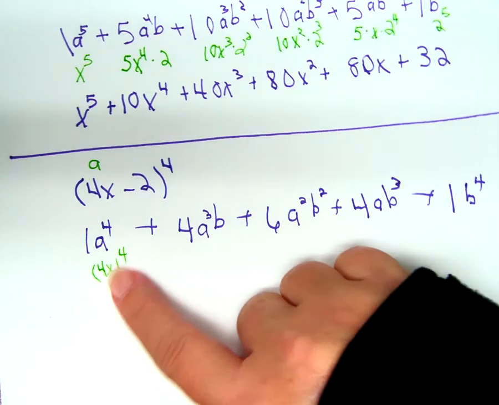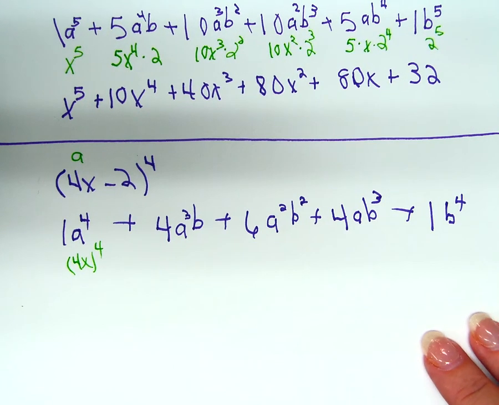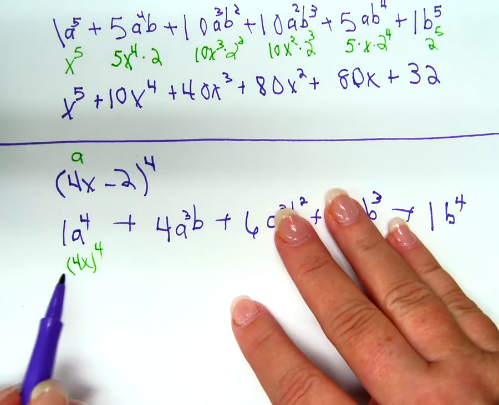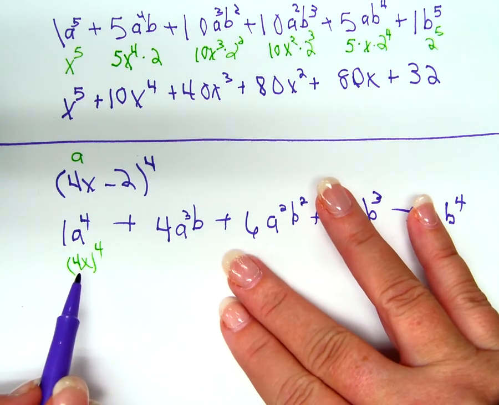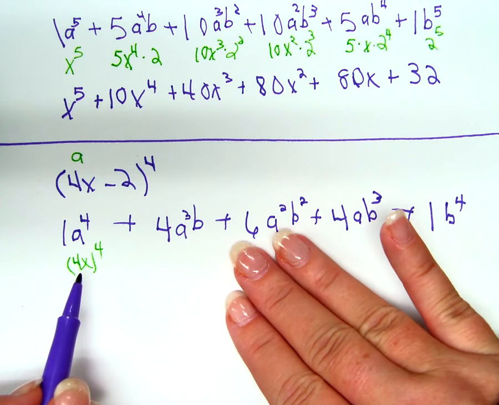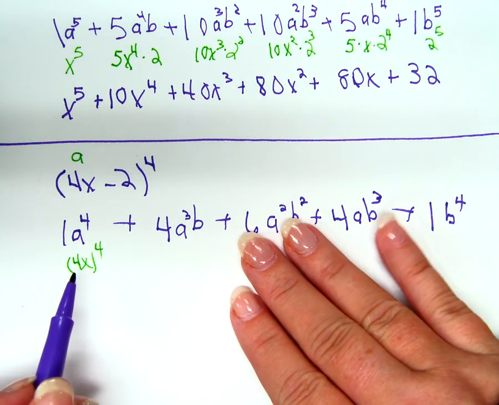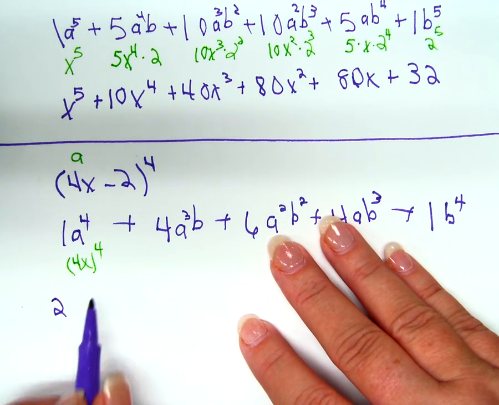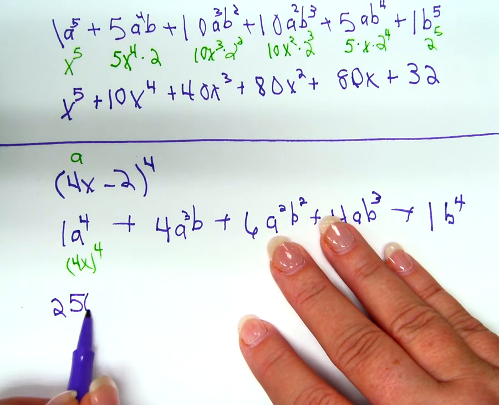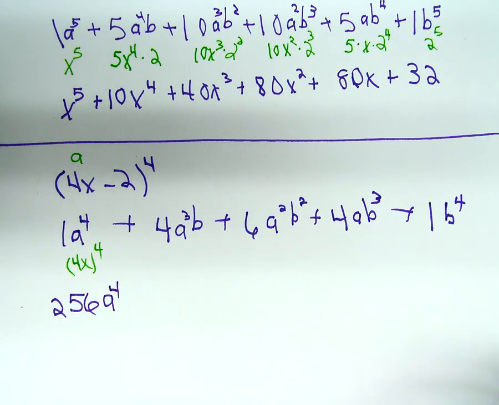What does it mean to raise something to the fourth power? 4 times 4 times 4 times 4, right? 4 times 4 is what? 16 times 4? 64. 64 times 4? 256. Everybody okay?